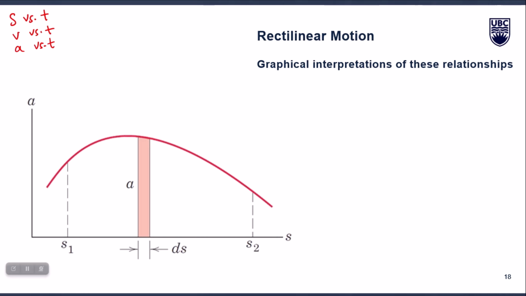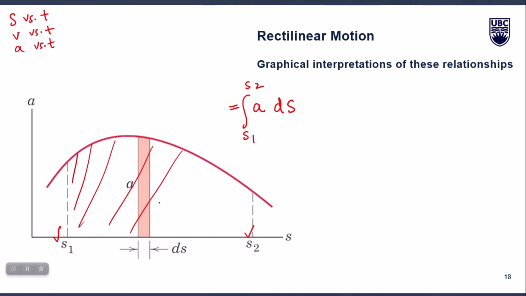So what will be the area enclosed between any two distances? What would that look like actually? For example, here the integration of y, which means a, with respect to s, between any two distances like s1 to s2 will actually be graphically equal to this whole shaded area, using the same calculus principle.